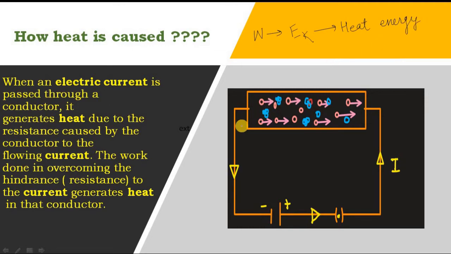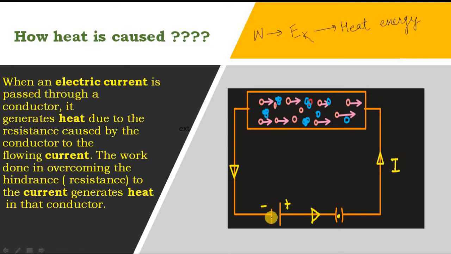So this is how heat is produced in a wire, and how much the resistance will be there. Resistance means the particle arrangement is such that it becomes difficult for electrons to move in forward direction.